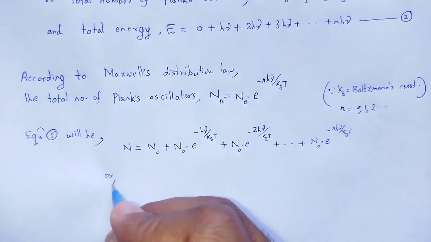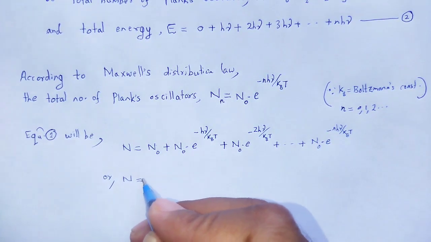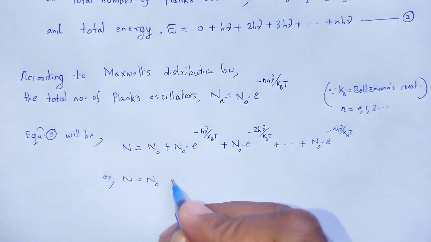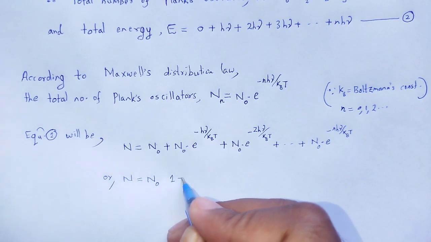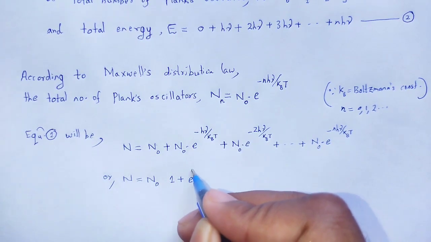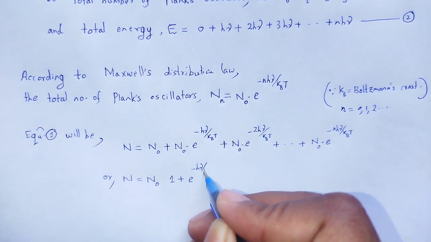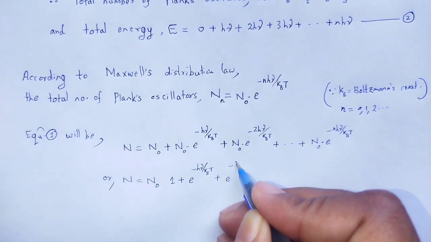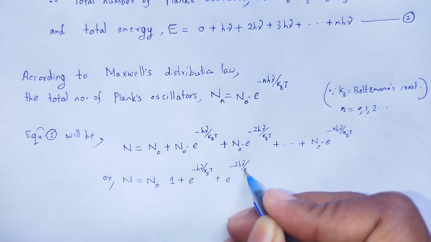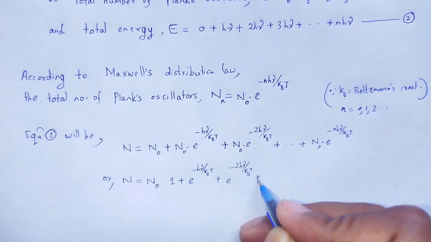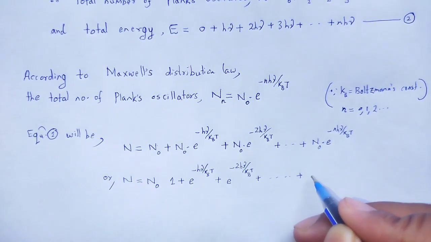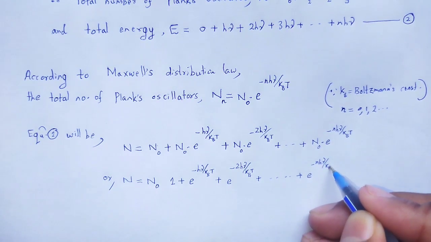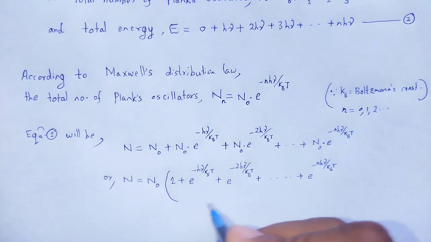Here we can take n0 as common, inside that bracket 1 plus e to the power minus h nu divided by kBT plus e to the power minus 2h nu divided by kBT, up to e to the power minus nh nu divided by kBT.